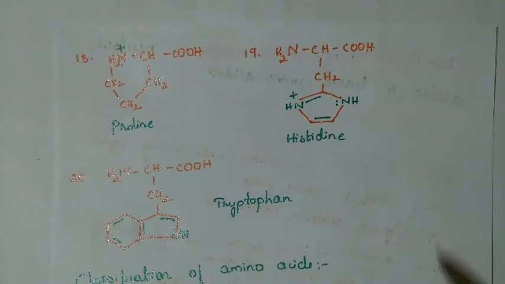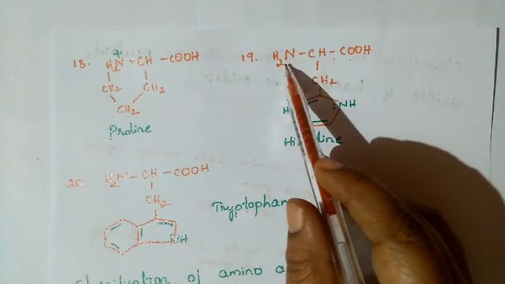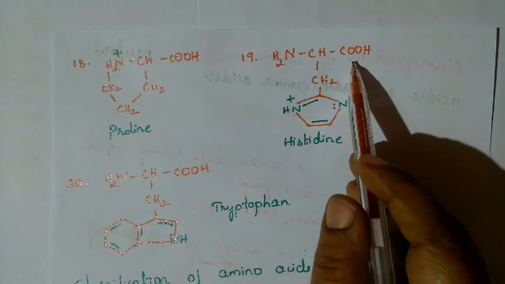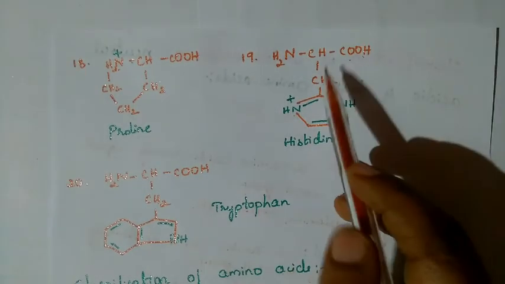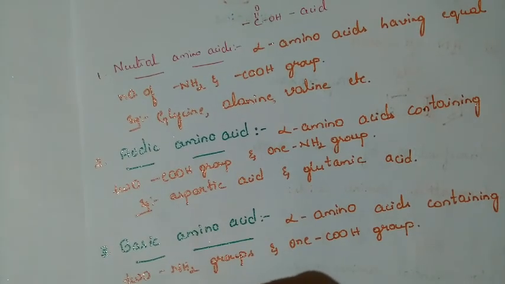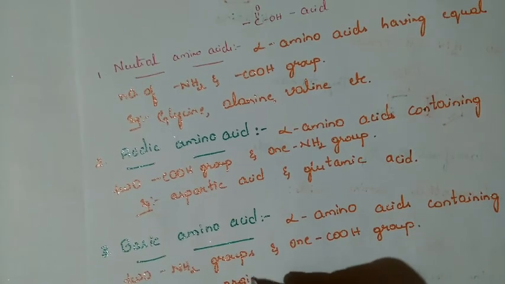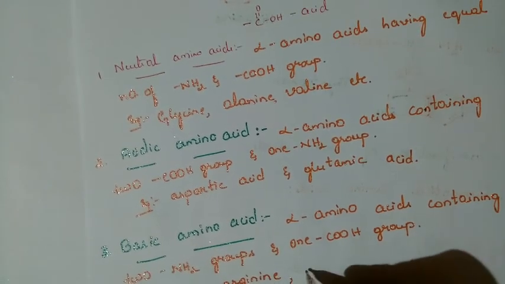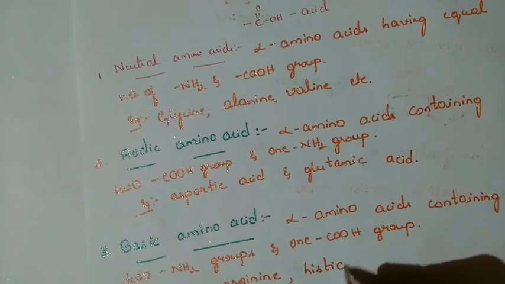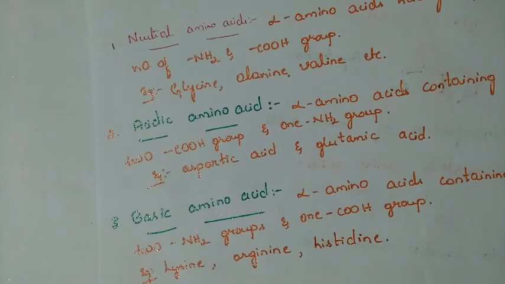We have NH groups and one more NH2 here, only 1 COOH group. So it is also an example for basic amino acid. We can write lysine, arginine, histidine. These are the examples for basic amino acids.